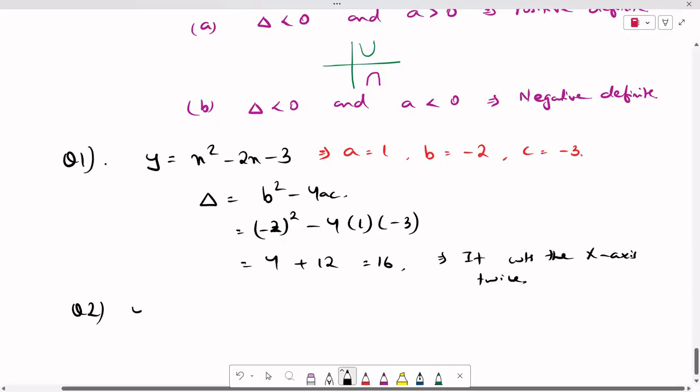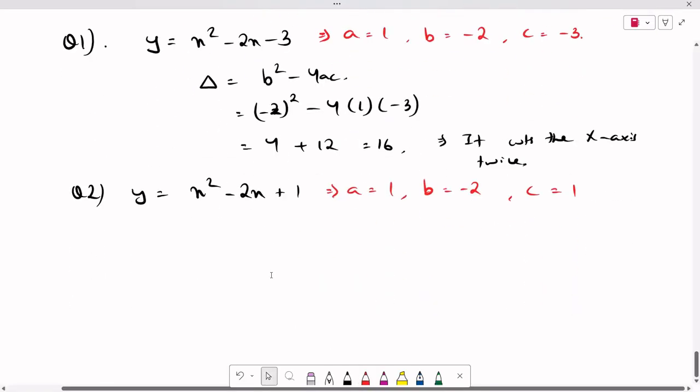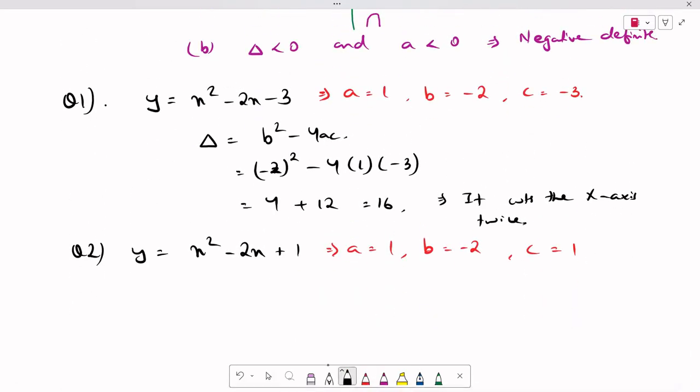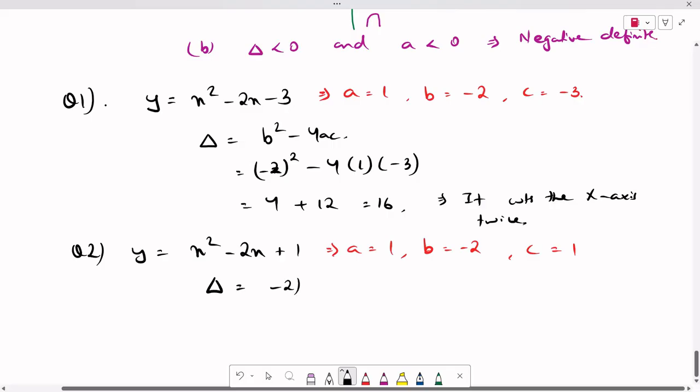If I have an equation of the form y = x² - 2x + 1, then a is 1, b is -2, and c is +1. Based on this, I can calculate the discriminant, which is (-2)² - 4 times 1 times 1.